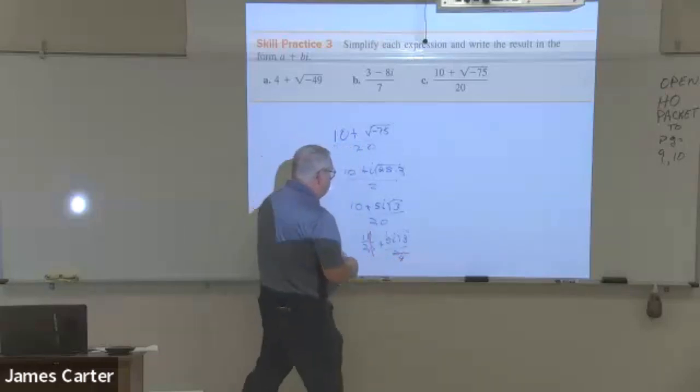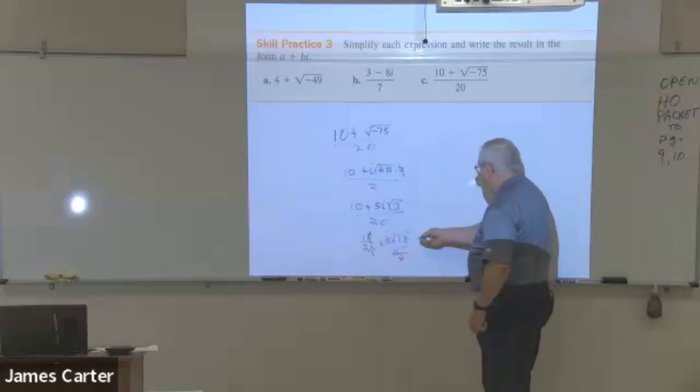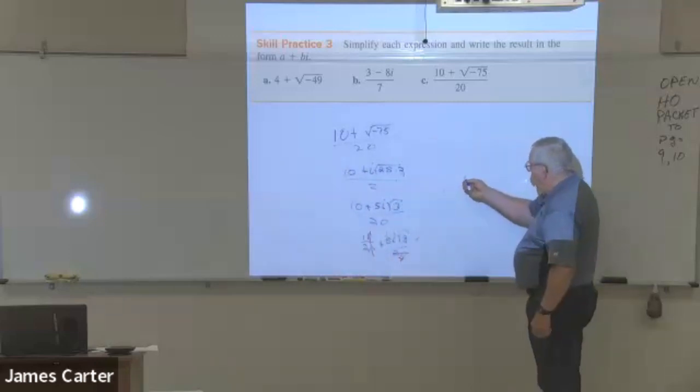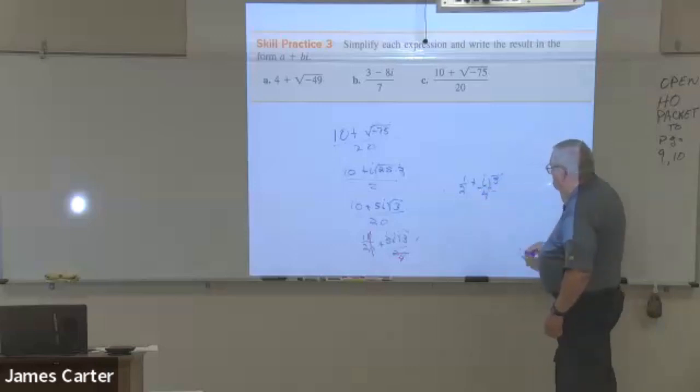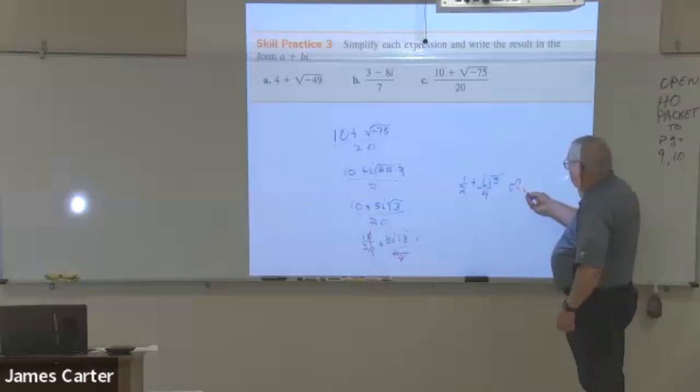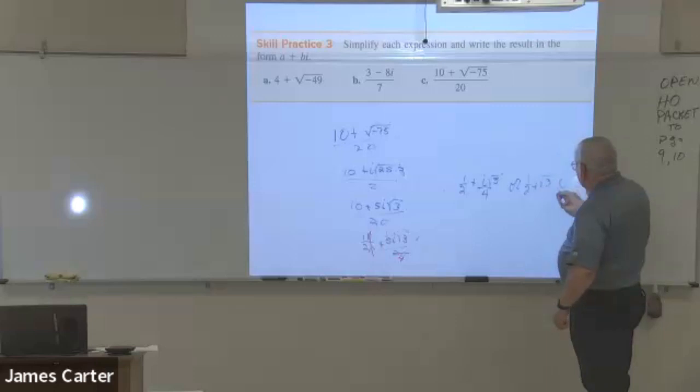So we end up ultimately with 1/2 plus i radical 3 over 4, or 1/2 plus radical 3 i over 4.